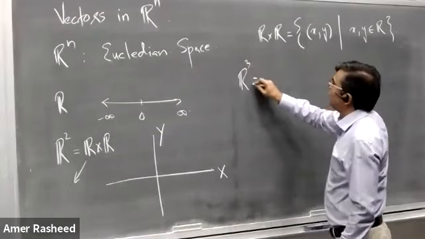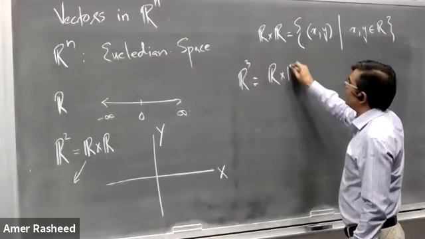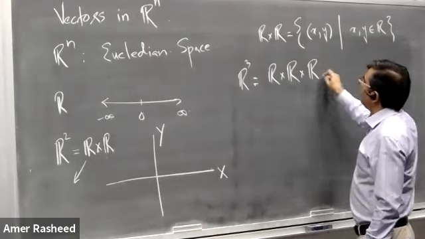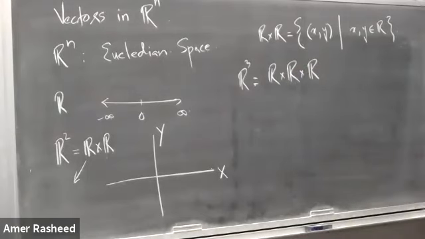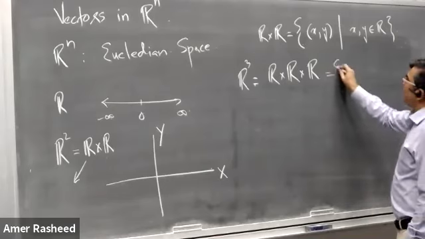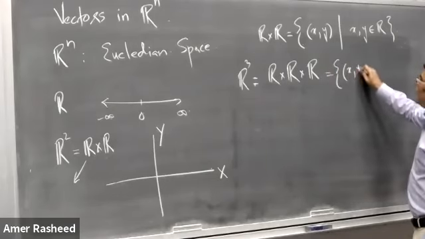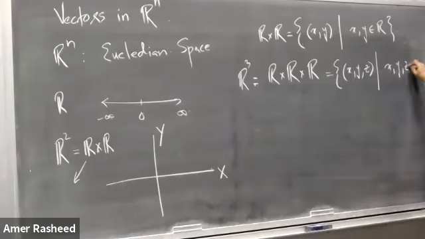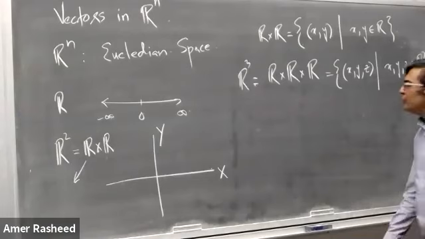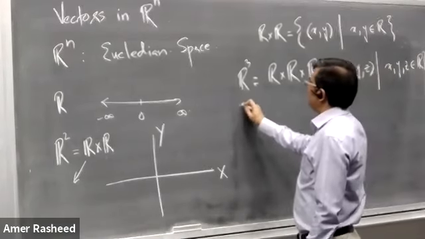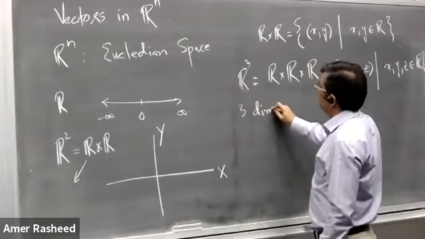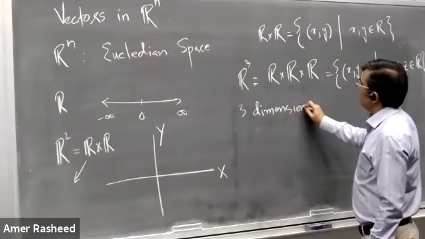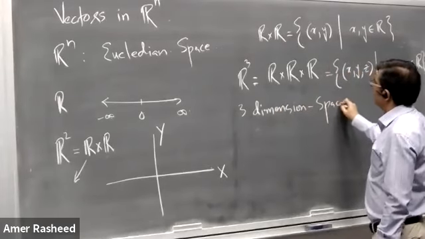R cube is a Cartesian product of three real lines. So this set should contain elements of this kind (X, Y, Z), such that X, Y, Z all belong to the real line. This is your R cube, which you usually call a three-dimensional space.